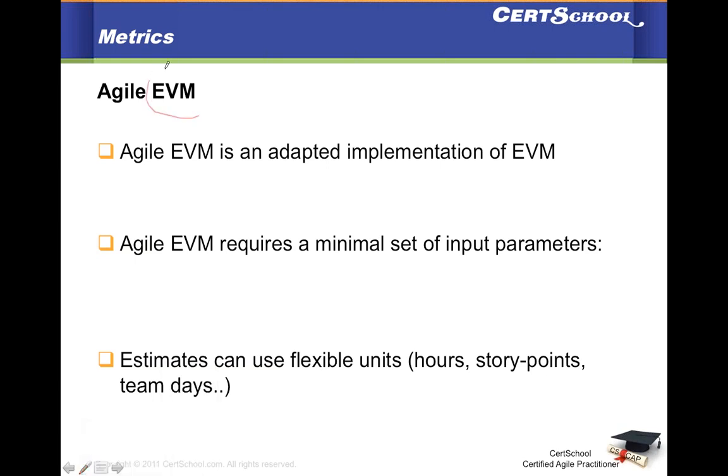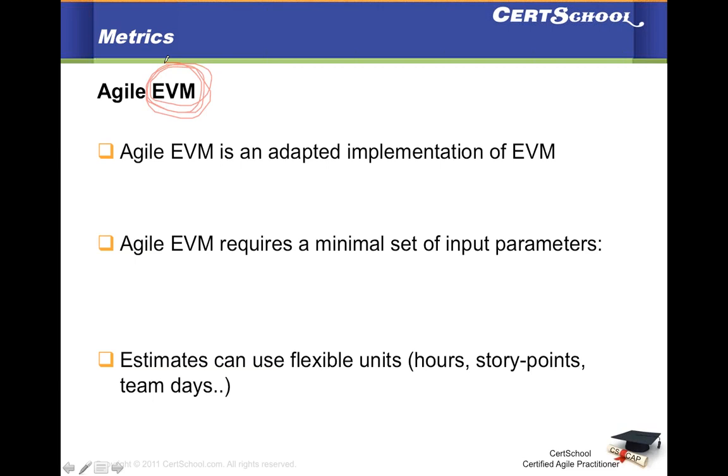Earned value management is a very old concept. Agile has taken a subset of that. It is not a full-fledged version, because a full-fledged version is very elaborate, consumes a lot of time, and given the kind of iterative development we do, we keep ourselves short-sighted.